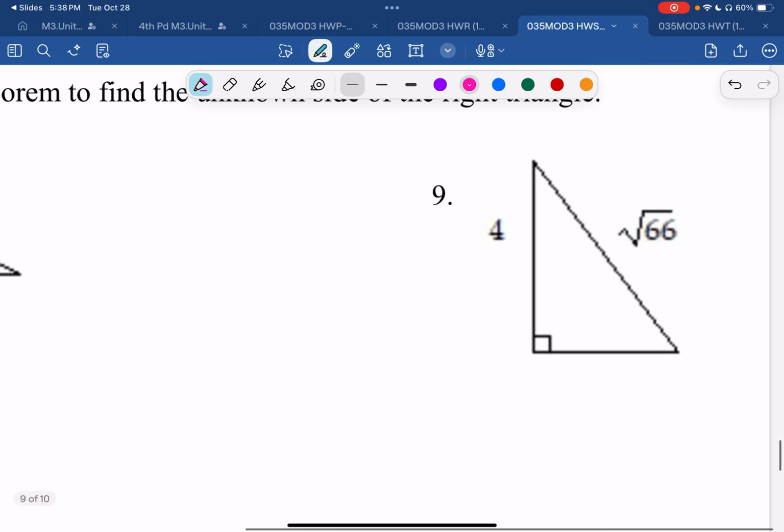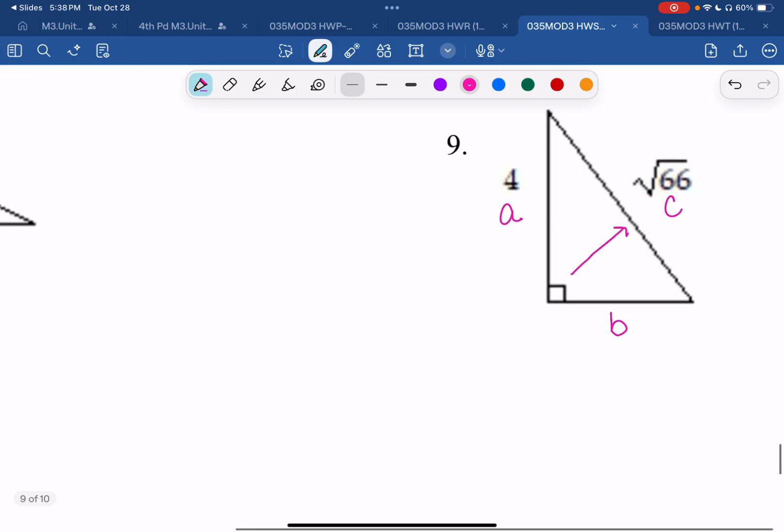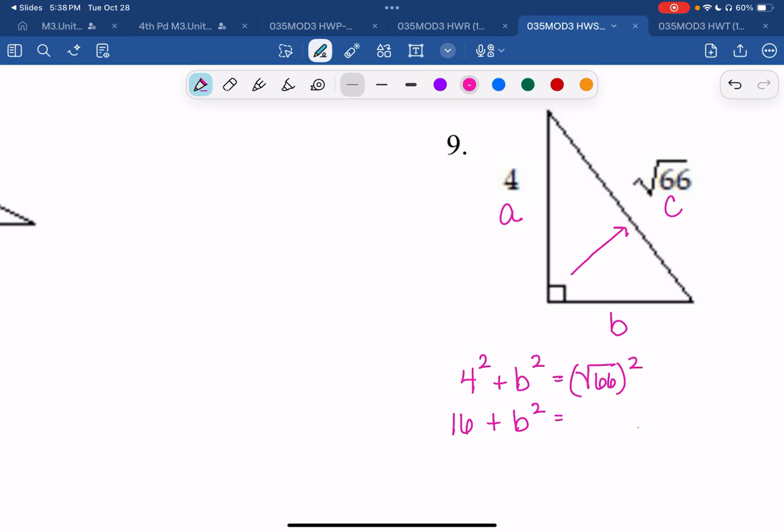All right, question 9. So this is going to be side A. Side B is the side that I don't know because C has to be the side across from the right angle. And the two sides that make that right angle are going to be your A and B. So again, we're going to set that up as 4 squared, that's my A, plus B squared equals C squared, which is the square root of 66 squared. Okay, so 4 squared, I got 16. If you square the square root, that cancels, so that equals 66.